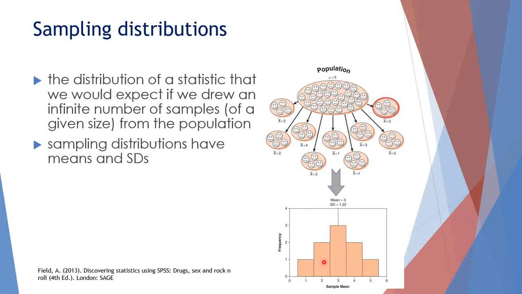For some reason I rubbed them the wrong way, they didn't like the humour, or they just thought stats was boring. Okay, now I sample again, and I get all happy people. I like this group. I wish all groups were like that, so they give me a score of 5. So you can see that the sampling error can vary across samples.